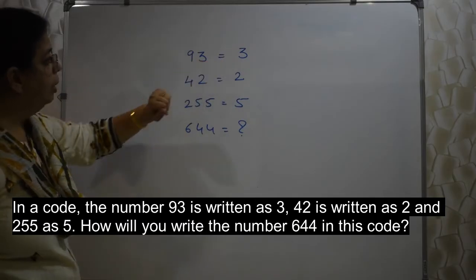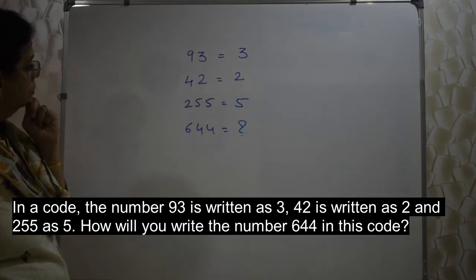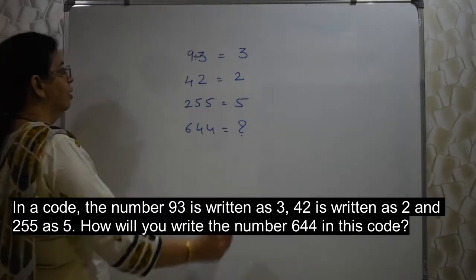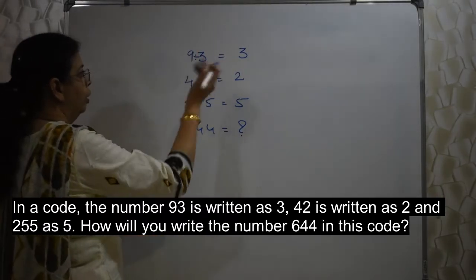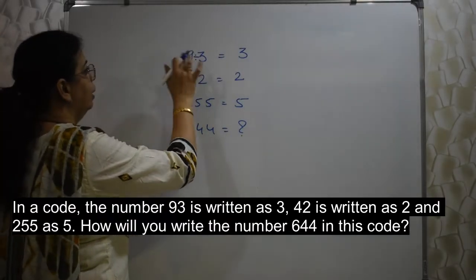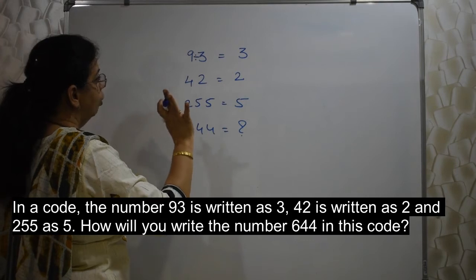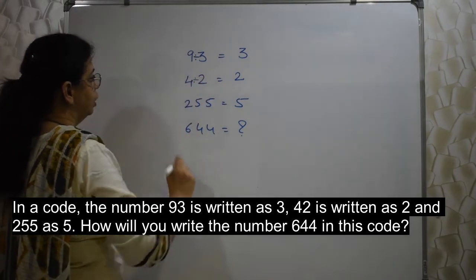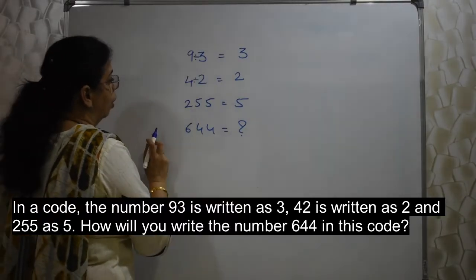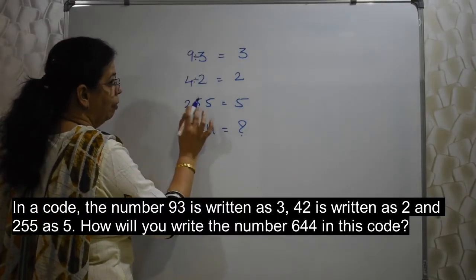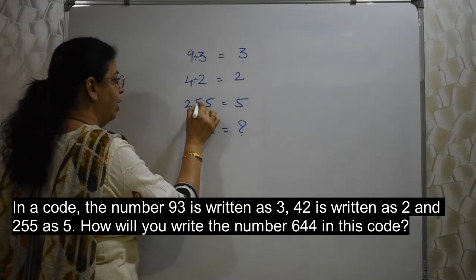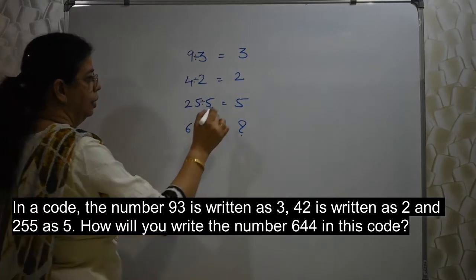93 से 3 कैसे मिला होगा? डिवाइड डालेंगे ना. 9 माइनस 3 तो नहीं हो सकता, 9 प्लस 3 तो बिल्कुल ही नहीं हो सकता. सो 9 डिवाइडेड बाय 3 करेंगे. 3 आ रहा है, अभी तक तो आ रहा है. लेट्स ट्राई फॉर नेक्स्ट वन. 4 डिवाइडेड बाय 2 इज अगेन 2. यस. नाउ 2 डिवाइडेड बाय 55 नहीं कर सकती मैं, बिकॉज 2 इज स्मॉल. सो 25 डिवाइडेड बाय 5 करेंगे. यस, आ रहा है.